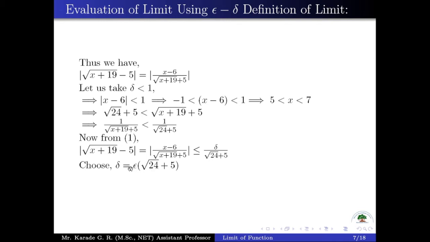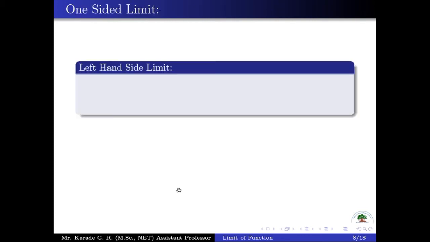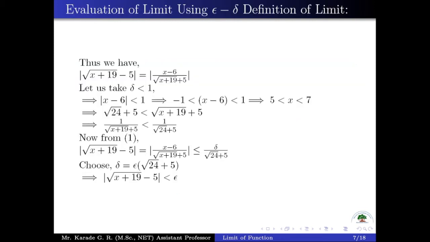Just put the value of this delta here, you will get mod of square root of x plus 19 minus 5 is less than epsilon, meaning the distance between the function root of x plus 19 and the number 5 is less than epsilon. So this is the end of our problem.